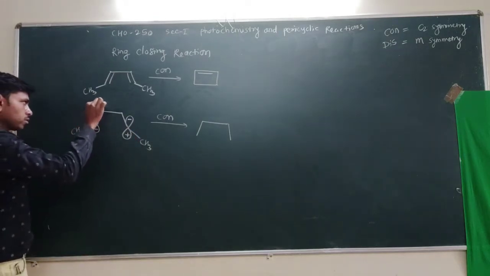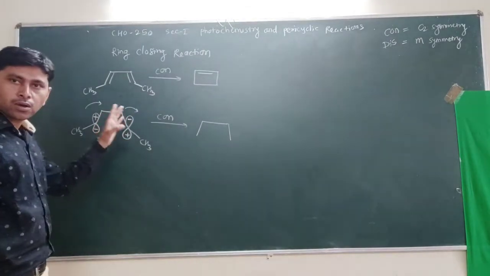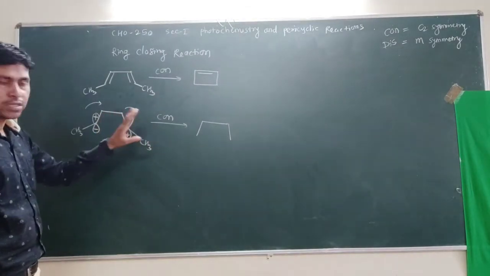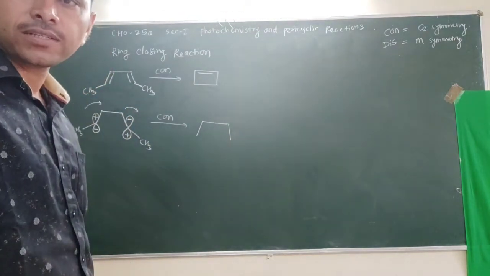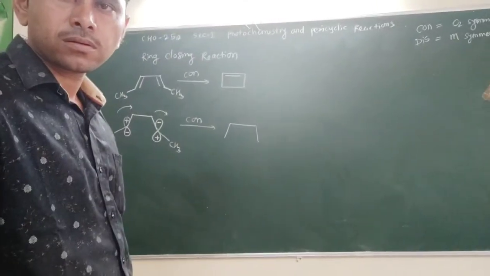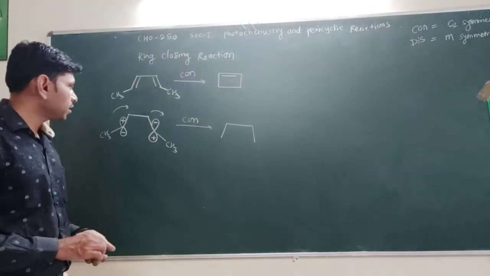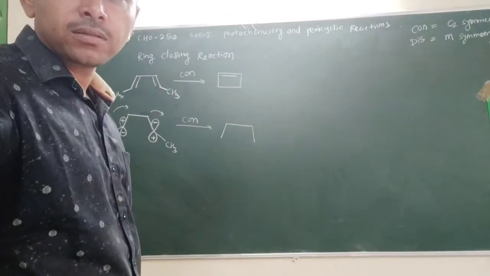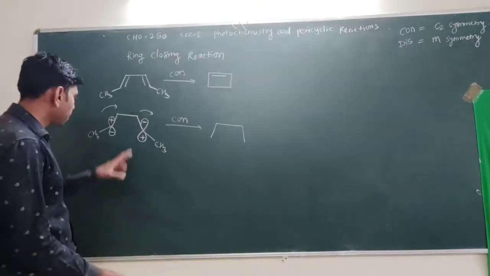When there is C2 symmetry, by conrotatory motion we obtain the bonding molecular orbital. Suppose we are rotating these orbitals in a clockwise direction. When both the orbitals rotate in a clockwise direction, it is conrotatory motion.